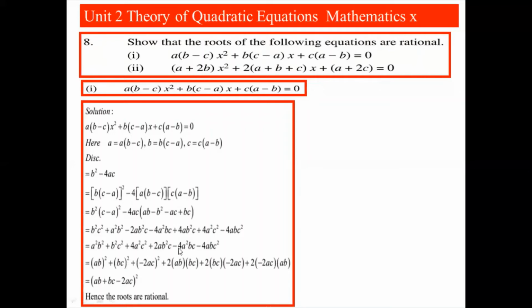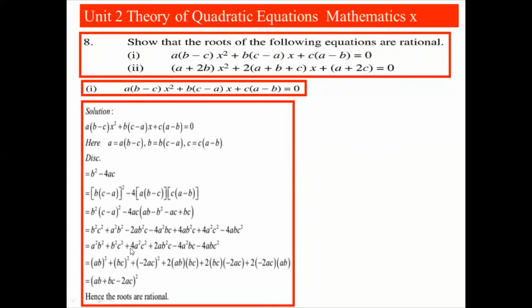And here these two terms are negative, so there must be one term that is negative, either the second or third. We discussed that the first two terms are positive, so this term will take the negative sign. So we are writing 4a square c square as minus (2ac) whole square.